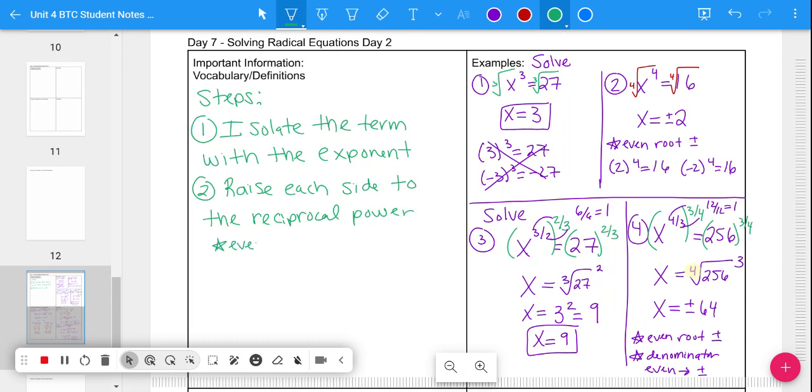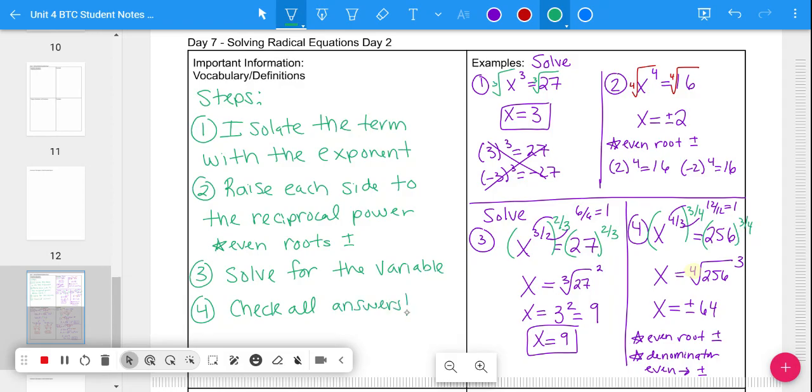Don't forget that even roots are going to give us plus or minus answers. Then we're going to solve for the variable. Then we're going to check our answers. So we actually did not do the 4th step. But we can make sure we practice that on our practice day.